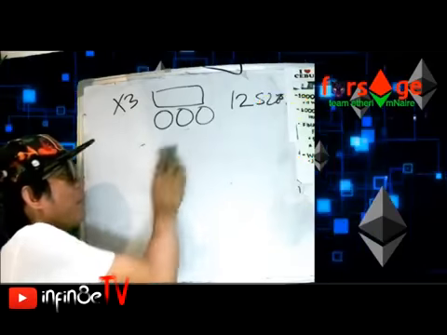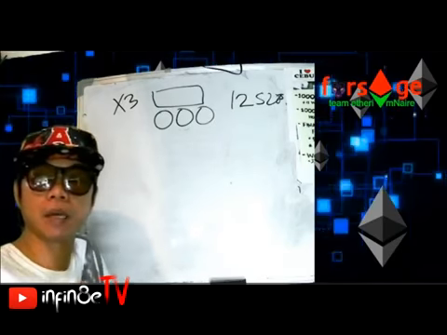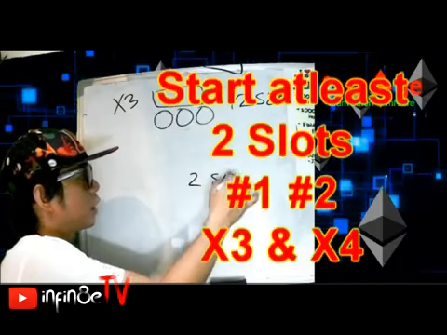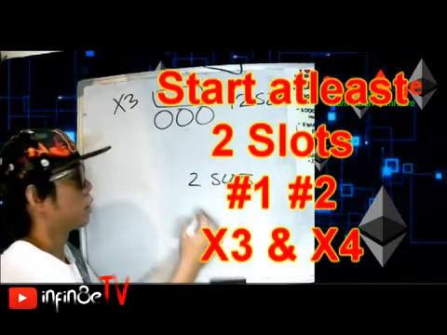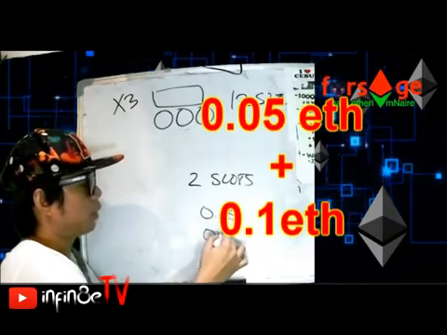So guys, so paano tayo mag-i-start kay Forsage? So simple lang yung ginagawa ng team. Okay, you start at least 2 slots. So how much is that? 2 slots. So that is worth 0.05 plus 0.1. Okay?